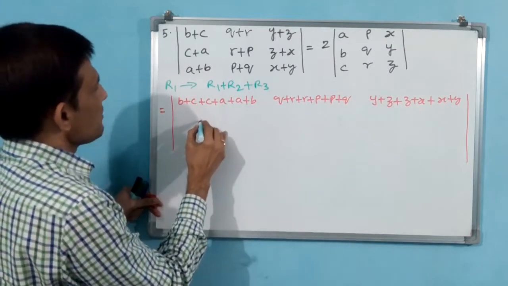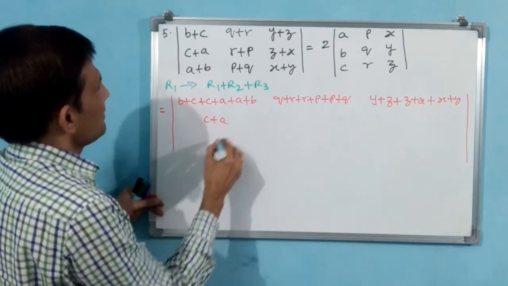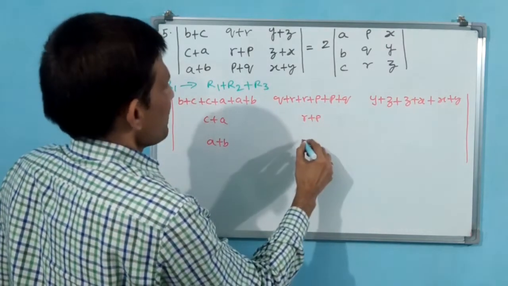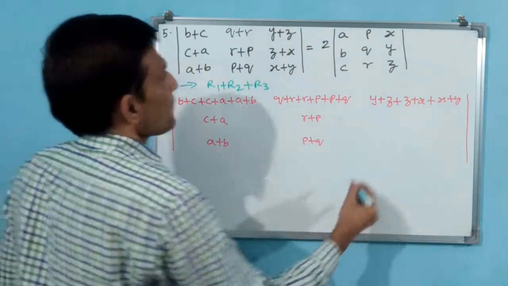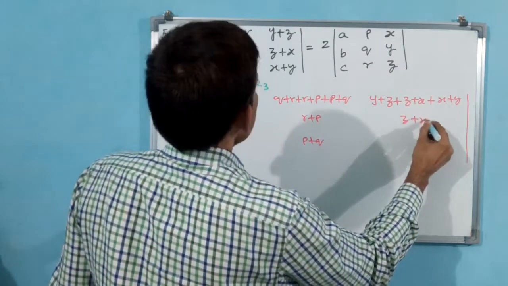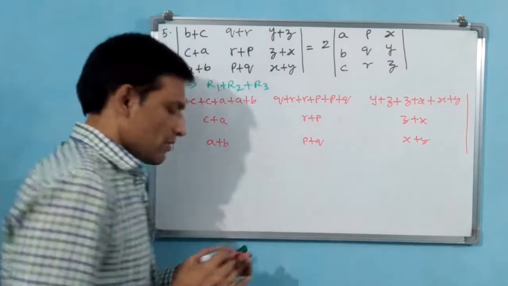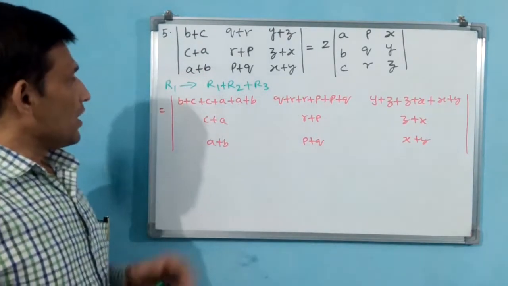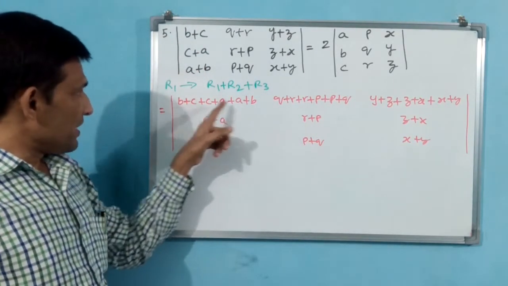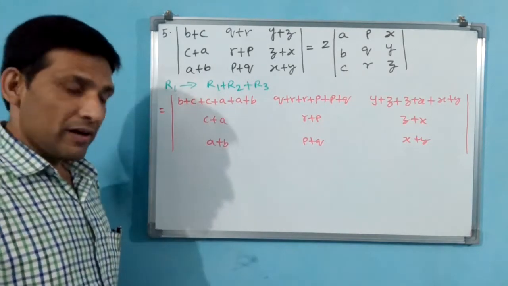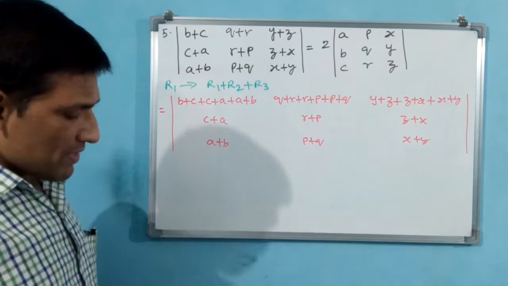Now the remaining are the same. You write C, A, B, R, P, Q, Z, X, Y. Now you see carefully: B plus B is 2B, C plus C is 2C, A plus A is 2A. Now how can you convert this?